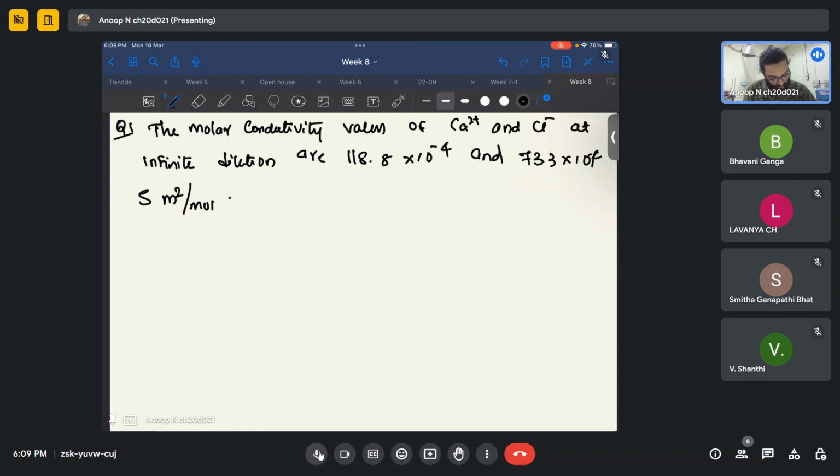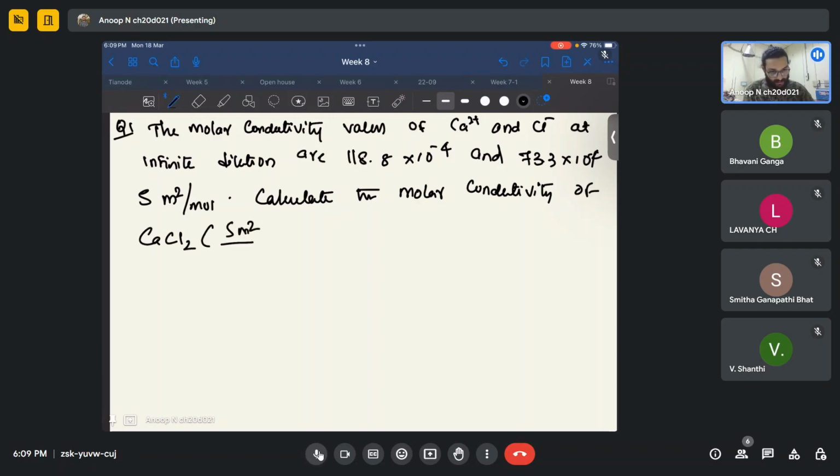Calculate the molar conductivity of CaCl2. The unit should be Siemens meter squared per mole. So can you try to solve this?